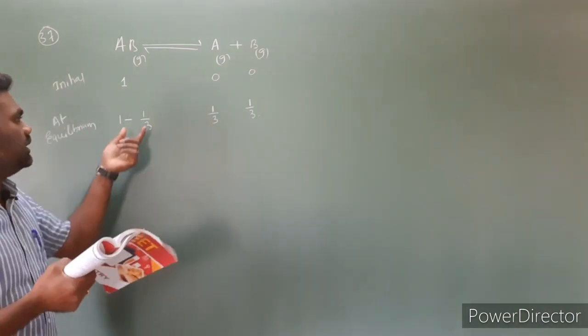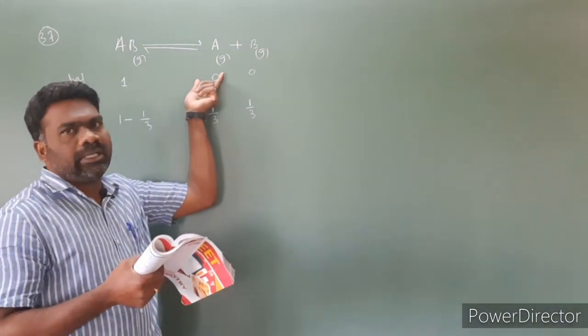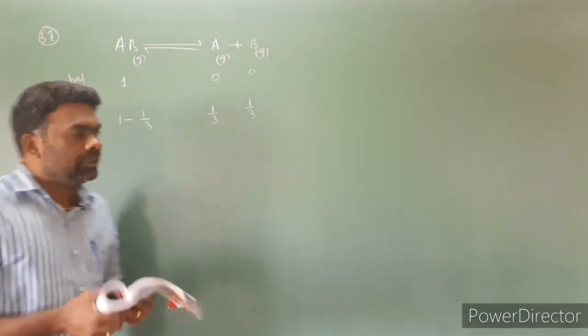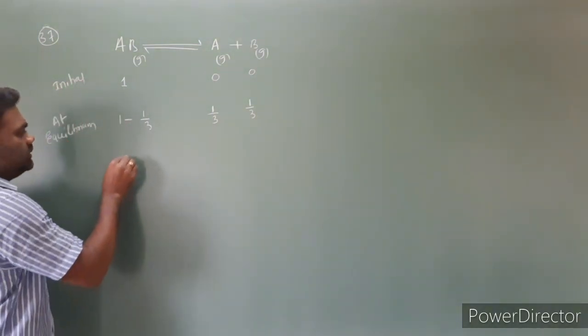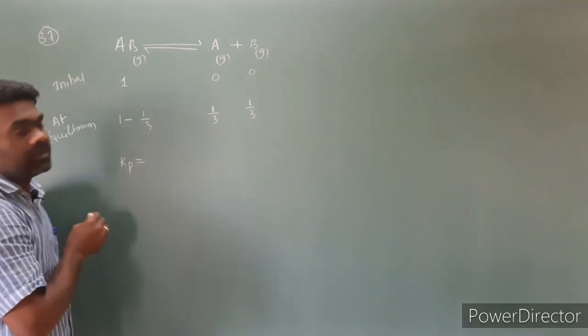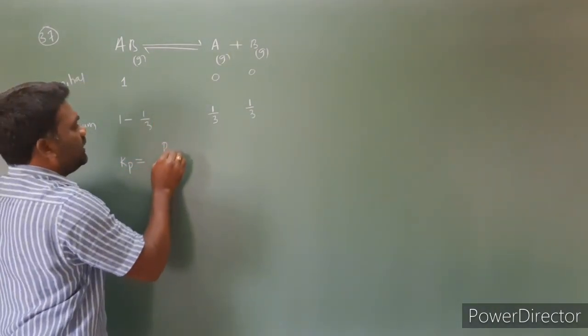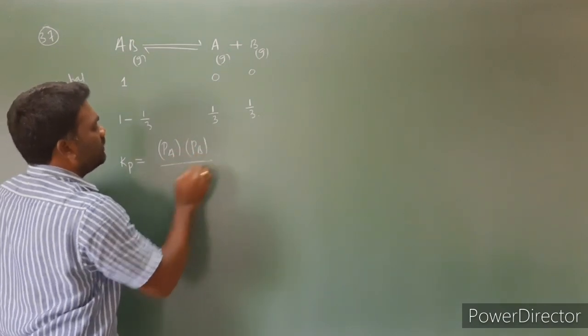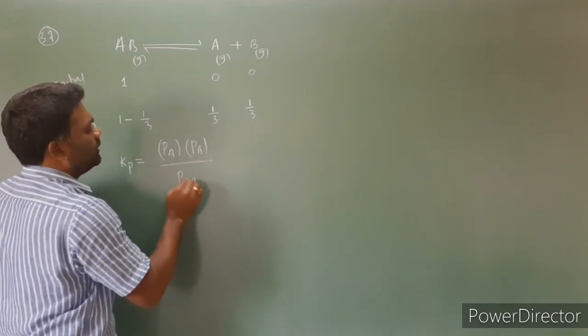Next, Kp for this reaction. Kp is equal to partial pressure of A into partial pressure of B by partial pressure of AB.